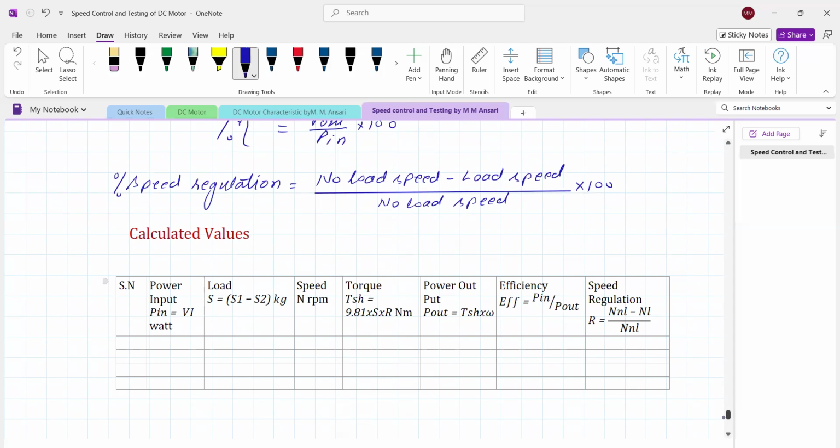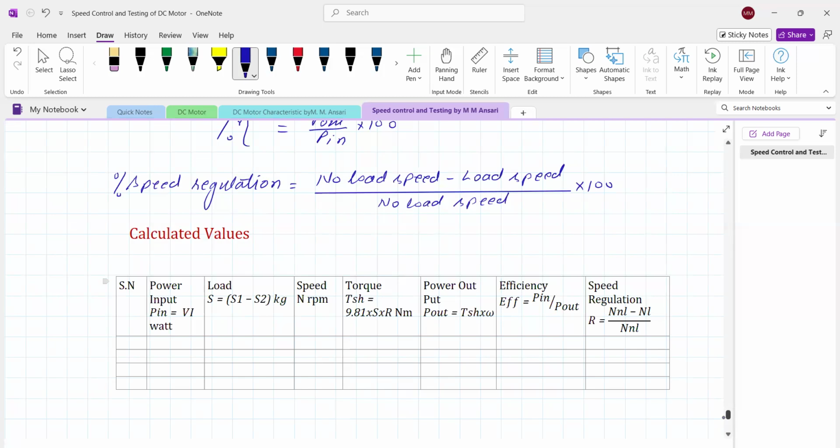It should be a positive value, so it may be S2 minus S1. At no load the speed will be 1500 RPM, whereas by increasing the load the speed decreases for different types of motor. For the DC series motor there is a large decrease in speed, whereas for the DC shunt and compound motor the drop in speed will be smaller.